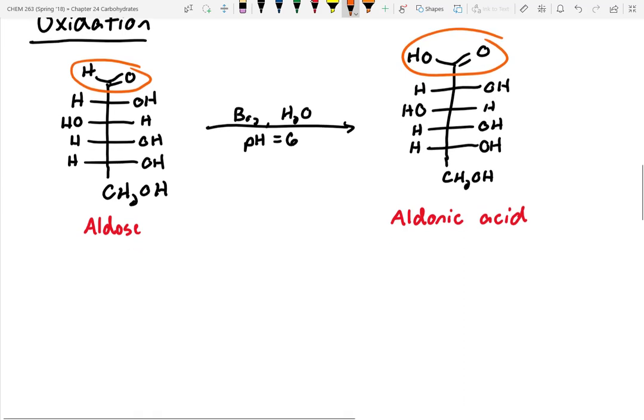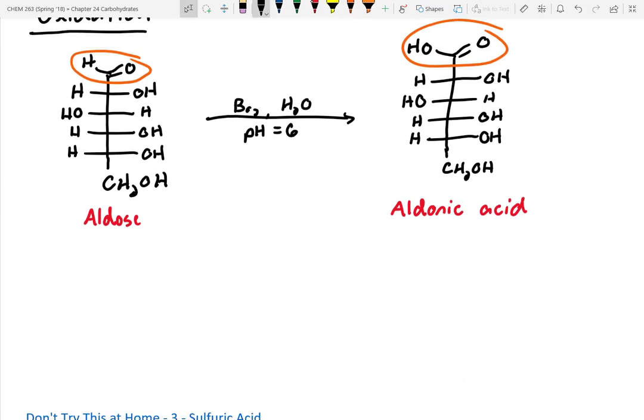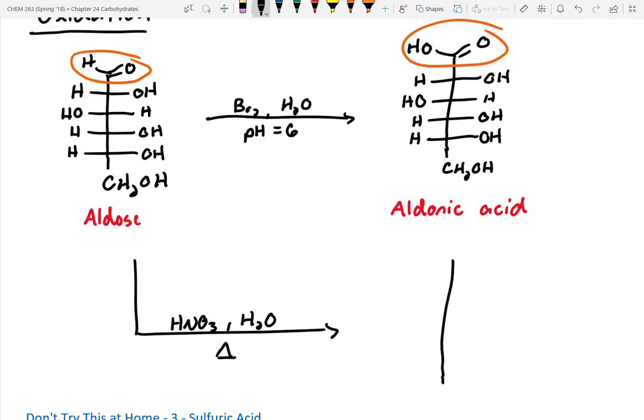All right. Conversely, what you can do is treat this with harsher oxidizing conditions. And if you do that, you've got to use nitric acid, so HNO3, water, and heat. And if you do this, you're still going to convert that top position to a carboxylic acid, but you'll also convert primary alcohols to carboxylic acids.